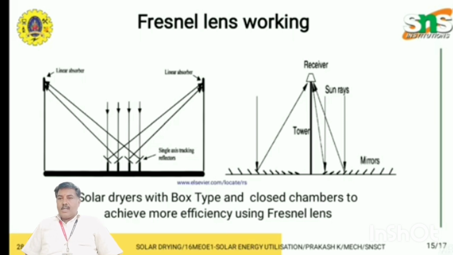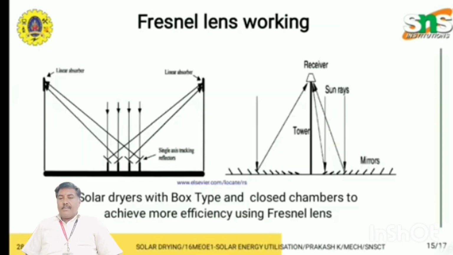All the solar rays falling on these heliostats are reflected back towards the receiver. This is how the temperature of the particular product is increased, that is, the drying is increased by the temperature. We'll discuss how it works.